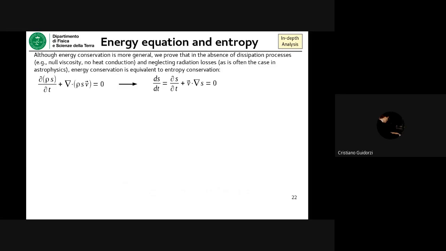Energy is conserved even in the presence of radiative losses, even in the presence of dissipation processes, of course. But under these assumptions, it is possible to prove that if you start from assuming conservation of entropy, you end up with conservation of energy, which is the equation that I proved to you in the previous case in a different way.